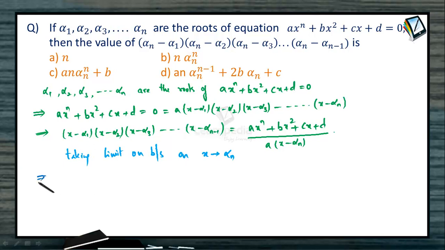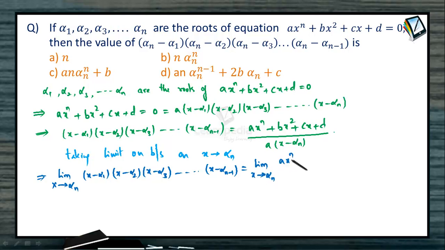Then this would now become limit x tends to alpha n of the continuous product of (x minus alpha 1) into (x minus alpha 2) into (x minus alpha 3) so on up to (x minus alpha n minus 1), which is the same as limit x tends to alpha n of (ax^n + bx^2 + cx + d) by a times (x minus alpha n).